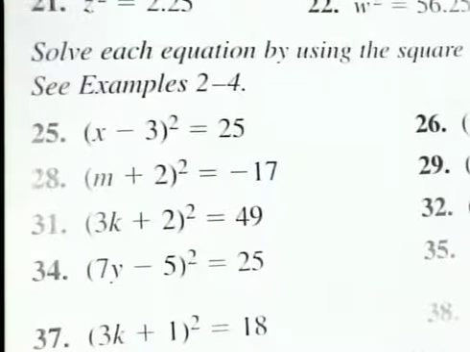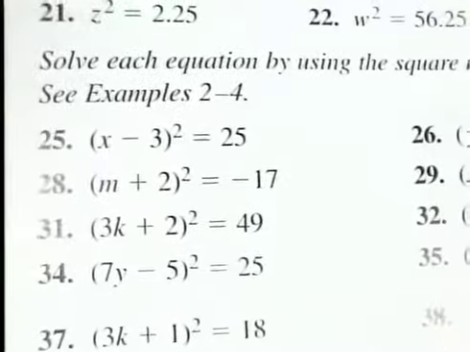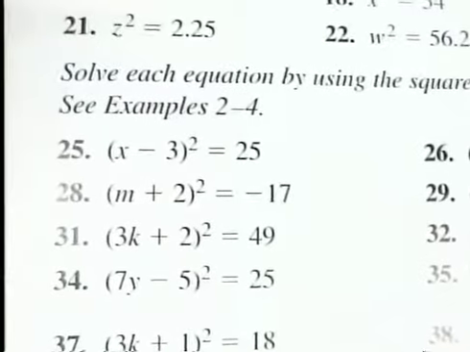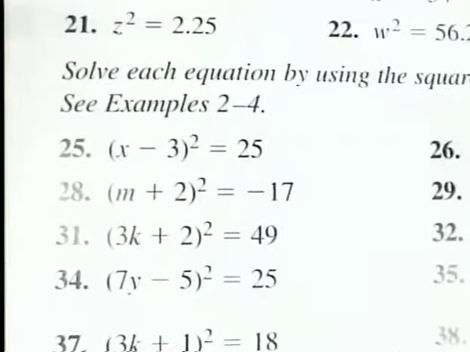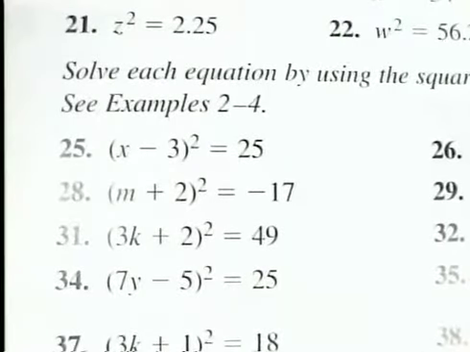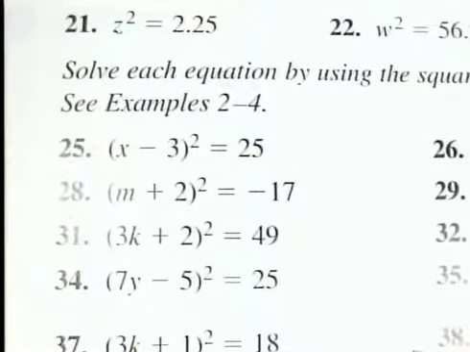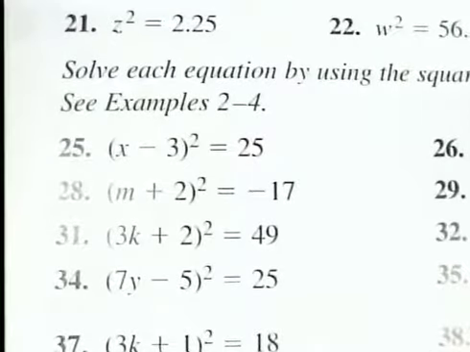Well, let's look at 34 for a moment. In number 34, for those who are watching on the videos, we're going to take the square root of both sides. So we have 7y minus 5 equals plus or minus 5. And then it's a matter of solving for y.